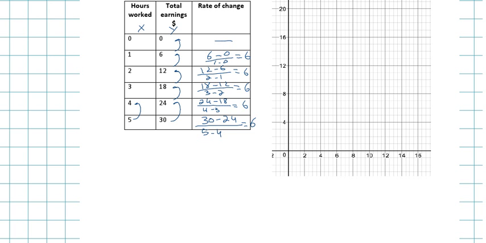What's my slope? 6. Okay? Now, the slope of the line is 6.